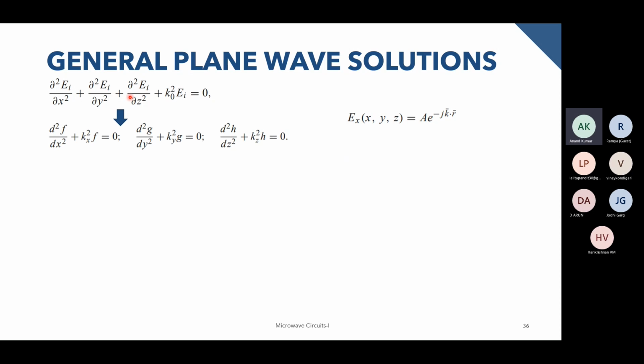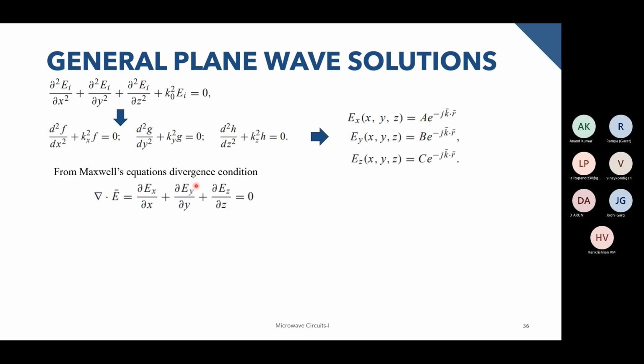So we started with the Helmholtz equation. We divided it into three components, and got the solution for the electric field x component, y component, z component, using the mathematics that we have done earlier. And we saw that we have Maxwell's divergence condition, which states that the divergence of the electric field is equal to zero.